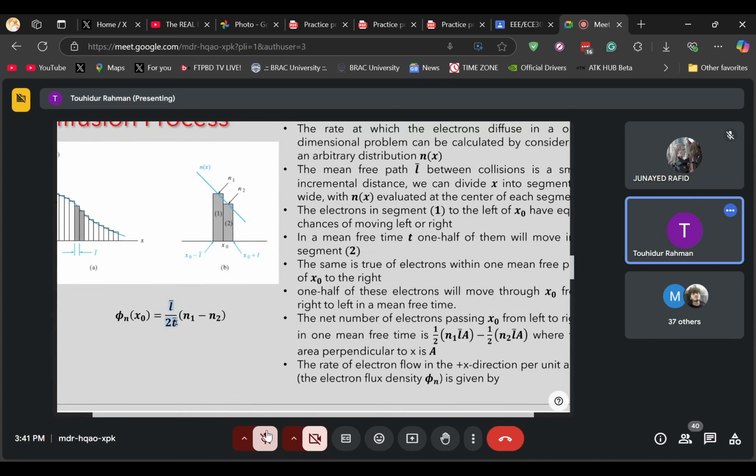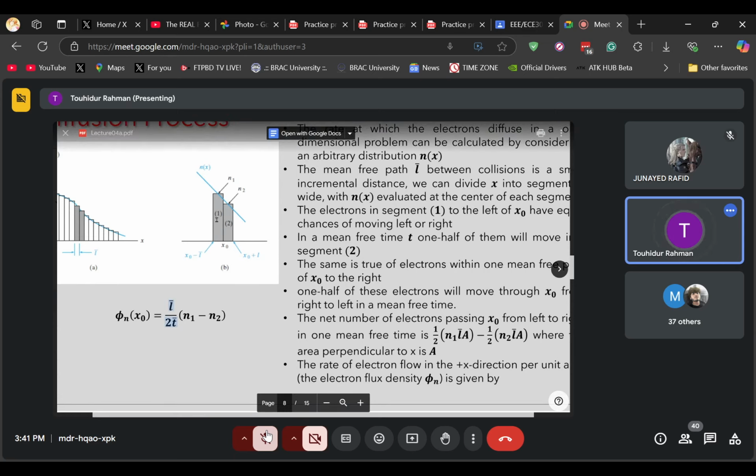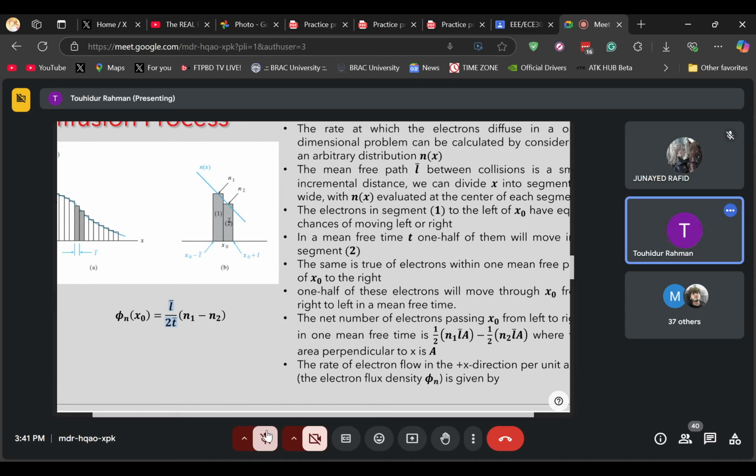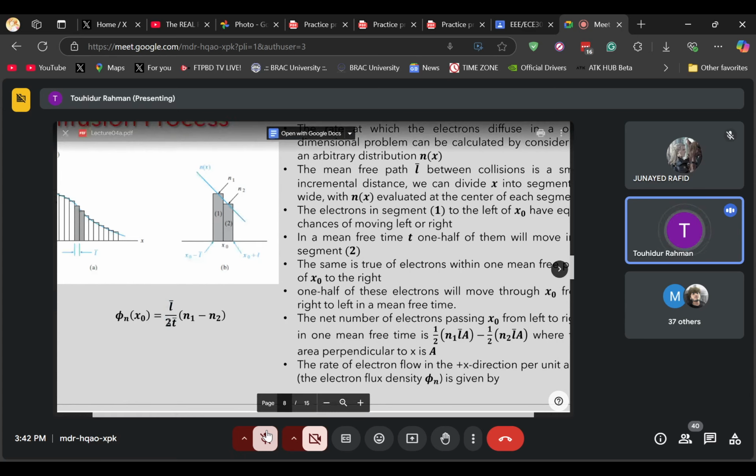Since there is a flow, that means there will be velocity. A particle cannot flow from one location to another with the speed of light. It doesn't happen instantly, so it will take some time. The particles from section 1 will cross a total distance; if it moves from the center of section 1 to the center of section 2, the total distance covered will be L, and the total time taken will be t.